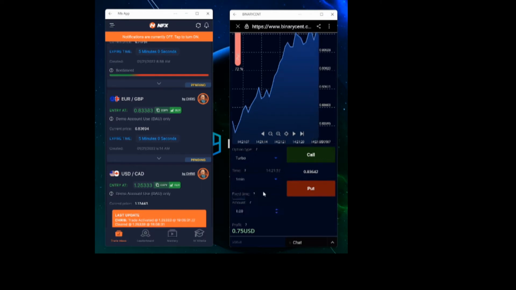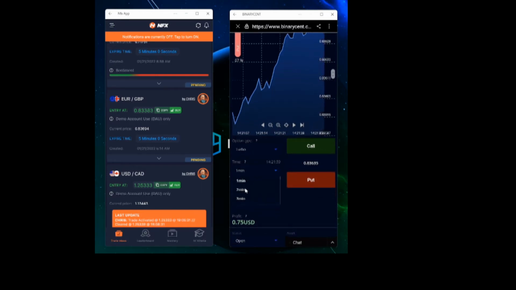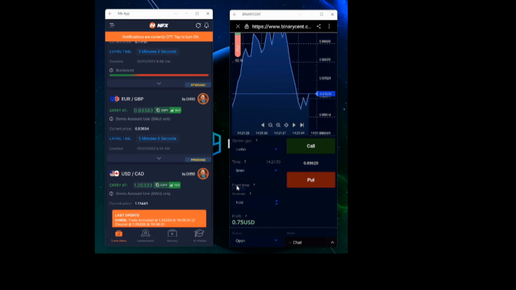So all of our trades will be between 1 to 5 minutes. Most of the time you will see a recommended strategy trade of 3 to 5 minutes. It's very rare that you see a 1 minute trade, but here in this particular example, we see that the recommended time is 5 minutes. So we're going to put the time at 5 minutes.